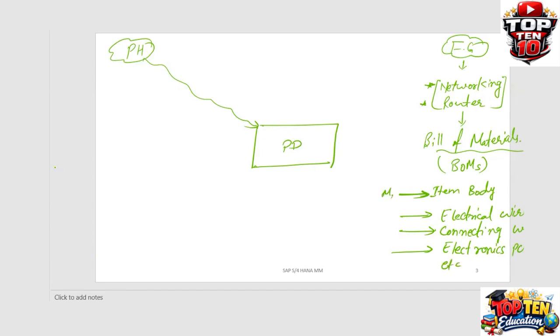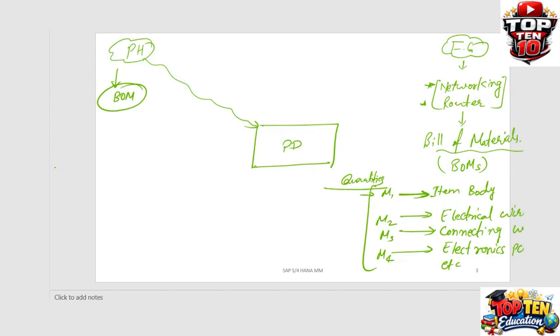If you see material 1, material 2, material 3, and material 4, combinedly we can say it is the combination of all the materials. So the production house, on the basis of that requirement of the customer, is producing one BOM, and in front of every material, quantities are mentioned.